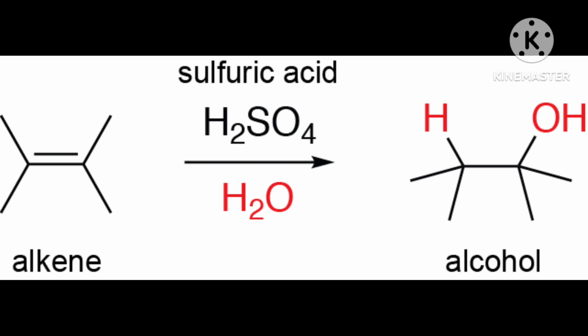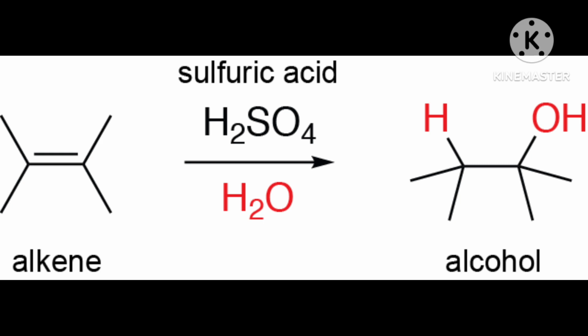Dilute aqueous solution means potassium permanganate is dissolved in water. Potassium permanganate is a solid; you dissolve it in water, then it becomes liquid. The dilute aqueous solution of potassium permanganate is called Baeyer's reagent.